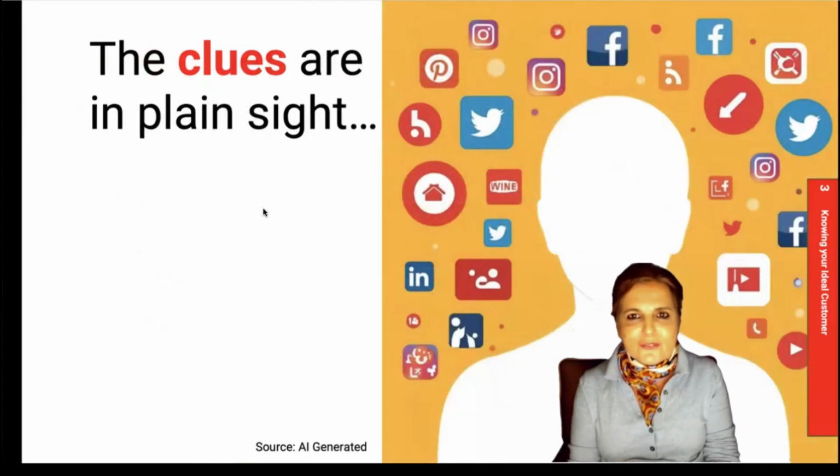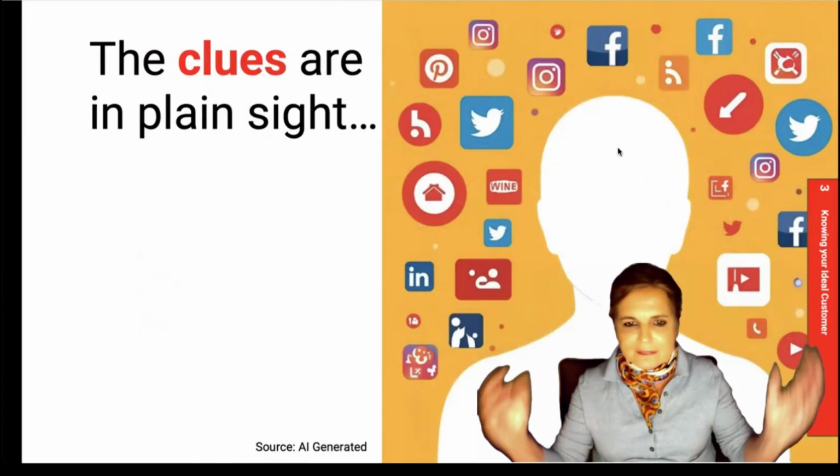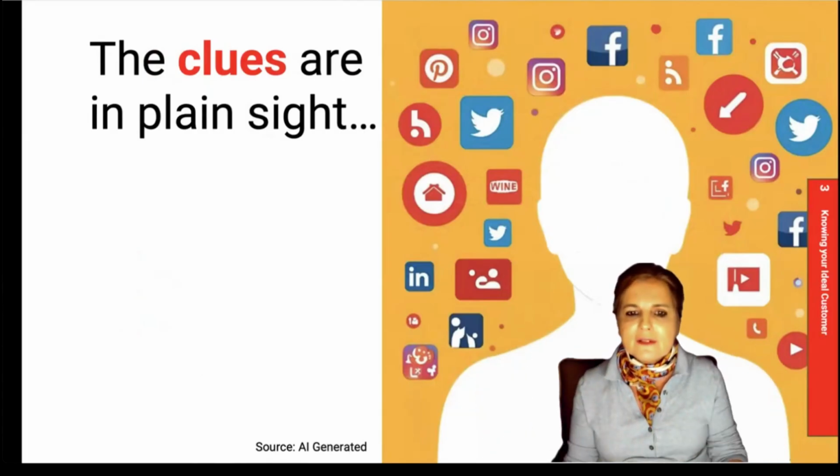And the clues for you to know where they are, etc., are in plain sight and exactly online, on the posts that they write, on Facebook. We still have Twitter here, but on X, if that's where they are, Pinterest, TikTok, YouTube, LinkedIn, all these things, right?